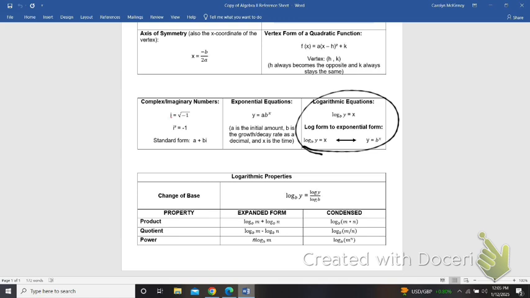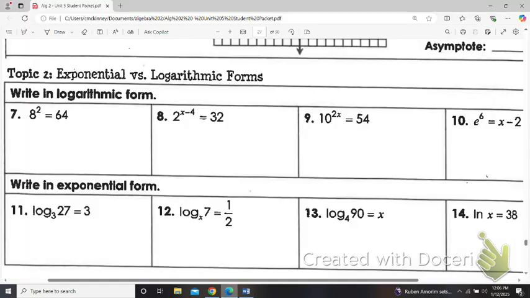All right, so let me get back to the other page where our questions are. Some of you may want to label first. Some of you may feel very comfortable just starting out putting it in log form. So if you want to label first, you might say that b is 8 and x for exponent is 2, and then that means that y has to be 64, right?